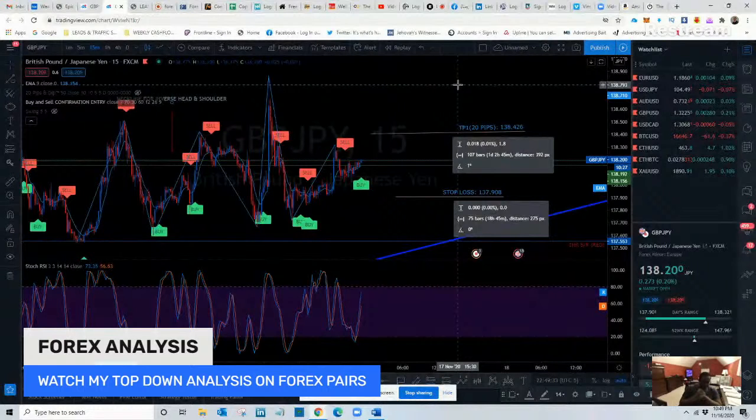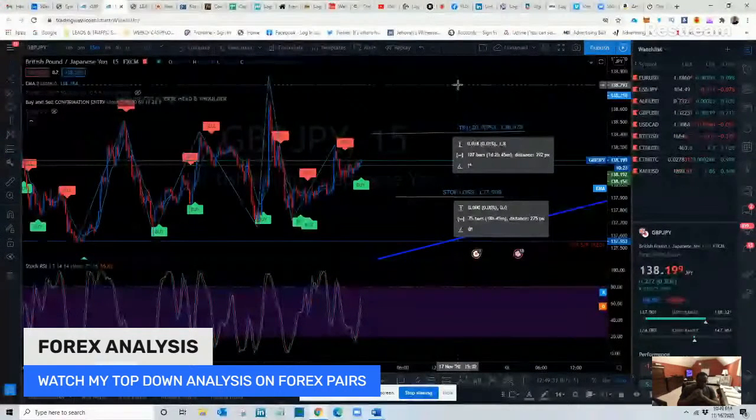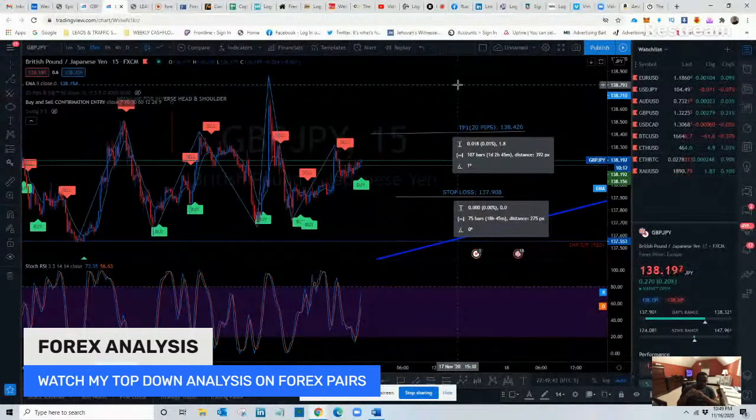What I could do too, guys, if anybody is in this comment section, I could put down the stop loss and the take profit for this trade and have you copy and paste it and see if you can profit from it on demo. Demo only, okay? Because I'm still learning, but I want to put these analyses out to see how well I'm marking up these charts and whether my team could profit from it, because that's part of me learning to be a leader in Forex as well.